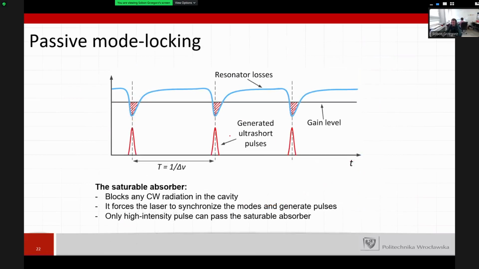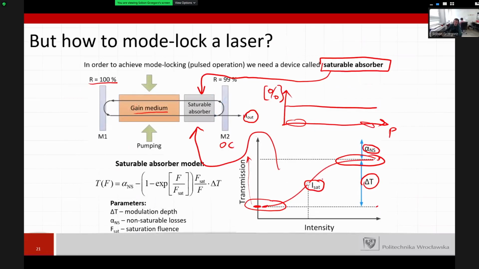It will happen that we will modulate the losses inside our resonator, because the saturable absorber will suppress any kind of noise or low intensity emission from the gain medium, but it will attenuate pulses less, because a pulse, as we already said, has a much higher intensity than the continuous wave emission.